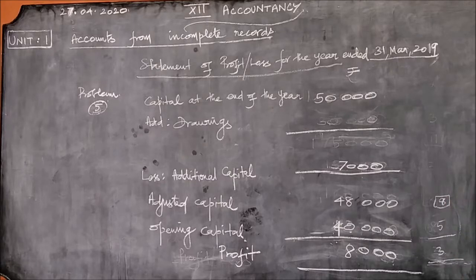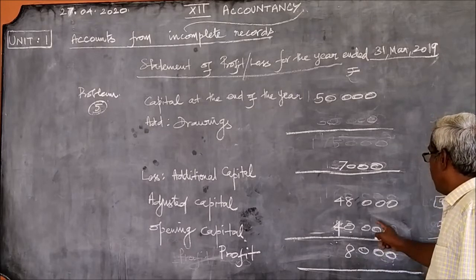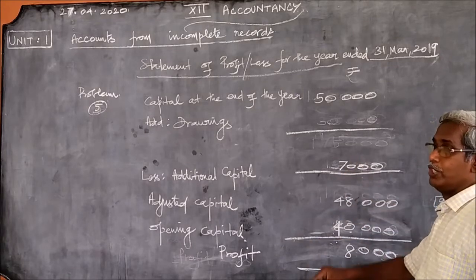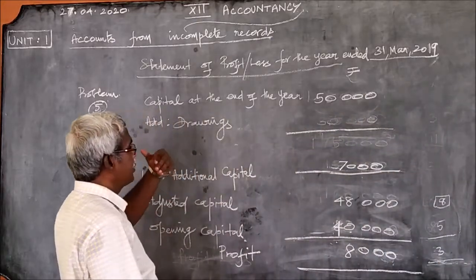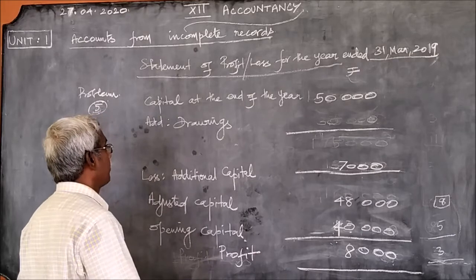But our intention is to find what number must be there. To get 8, what must we do? We must add these two. Likewise, we must add 40 plus 8, and write 48,000. This is the idea we can use. Okay, now adjusted capital is found out.